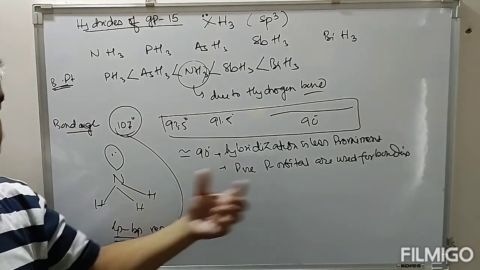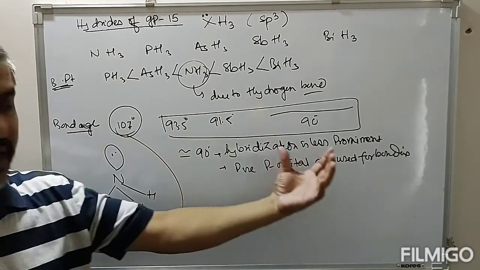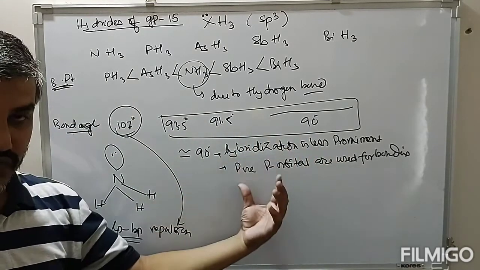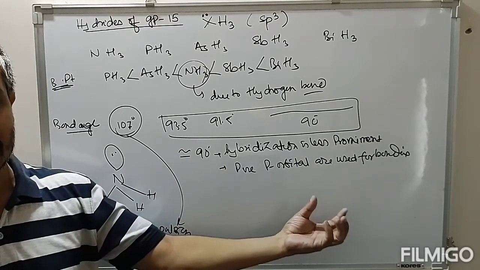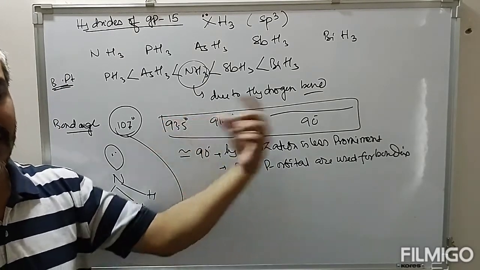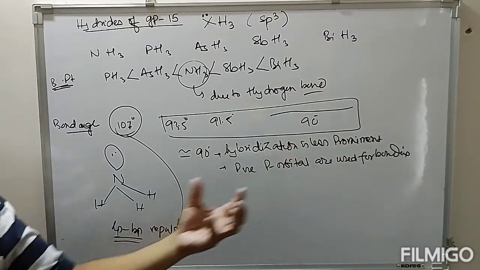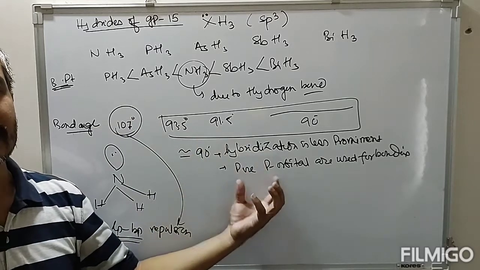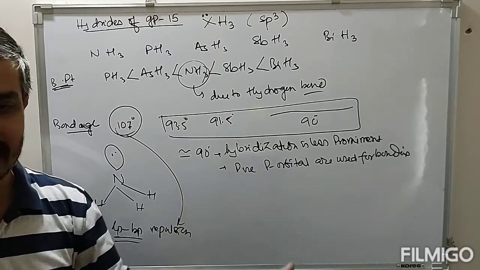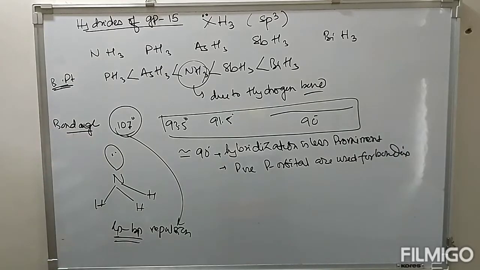In the rest of these hydrides, the bond angle is very close to 90 degrees. This indicates the use of pure p orbitals for bonding between the central atom and hydrogen. So the bonds are weaker, and weaker bonds mean the stability of the hydrides is less. So this is all about hydrides of group 15.